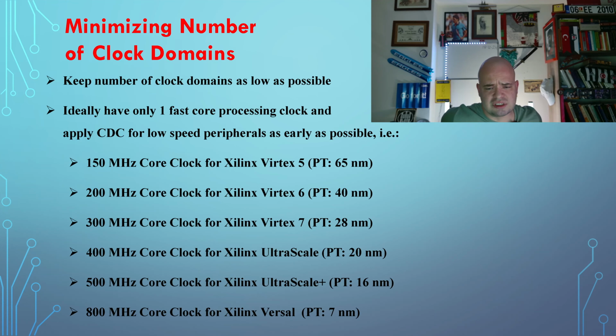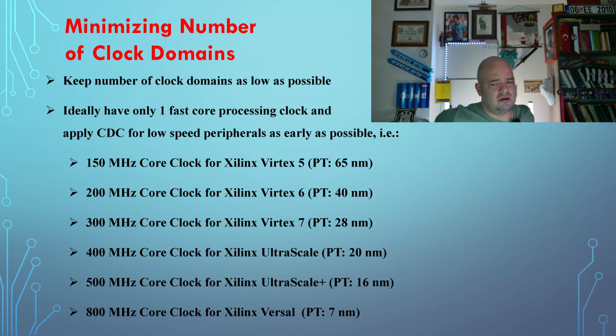For the Xilinx UltraScale family, it is now 20 nanometer technology, and the target clock is 400 megahertz. Also for UltraScale Plus, 16 nanometer technology, clock speeds of 450, 500 megahertz are doable.